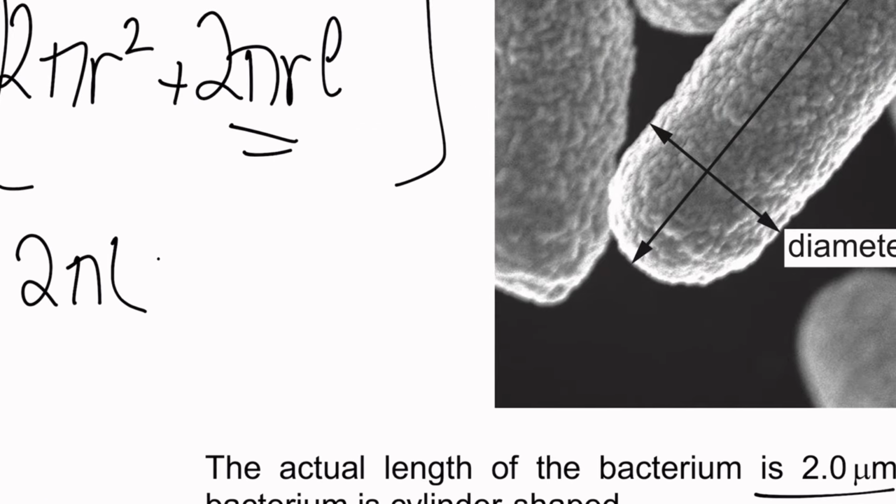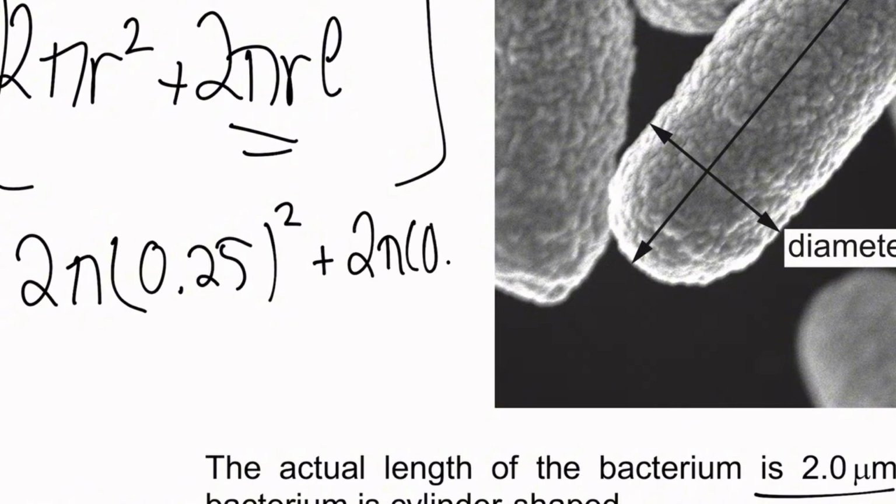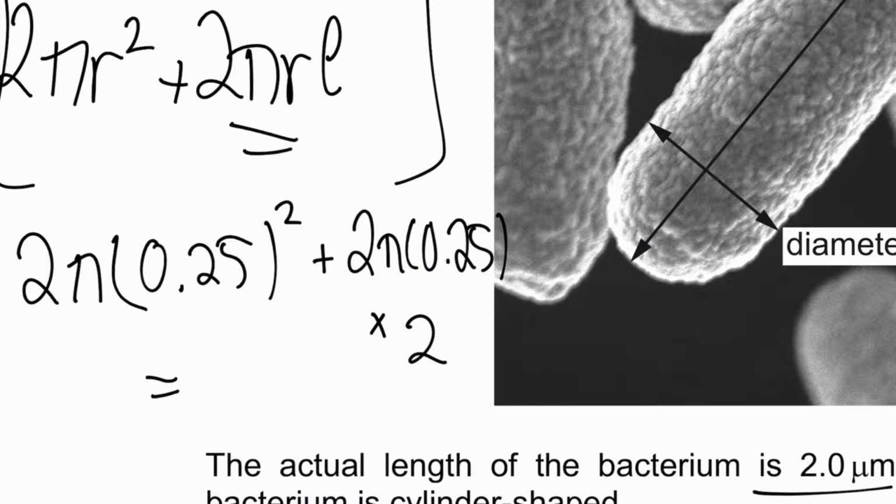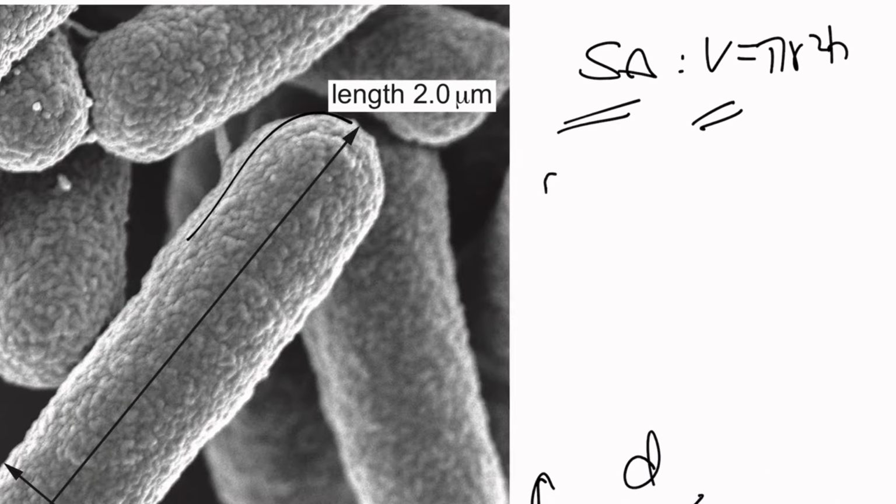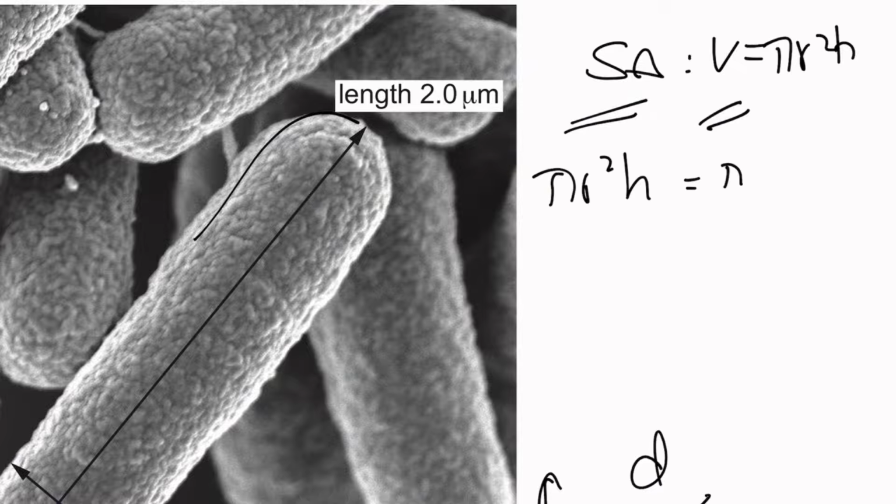So 2 times pi times 0.25 squared plus 2 times pi times 0.25 times the length, which is 2. This gave me 9 over 8 pi, whereas the pi r squared h here is going to be equal to pi times 0.25 squared times the height of 2.